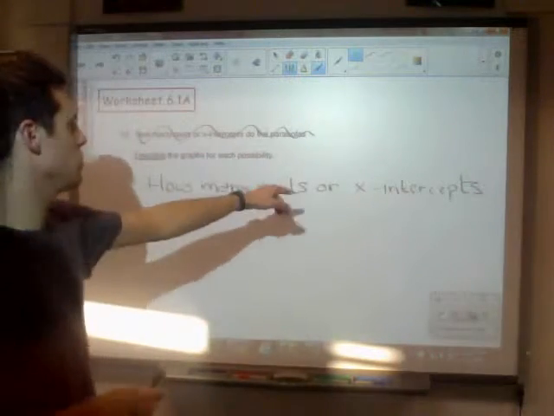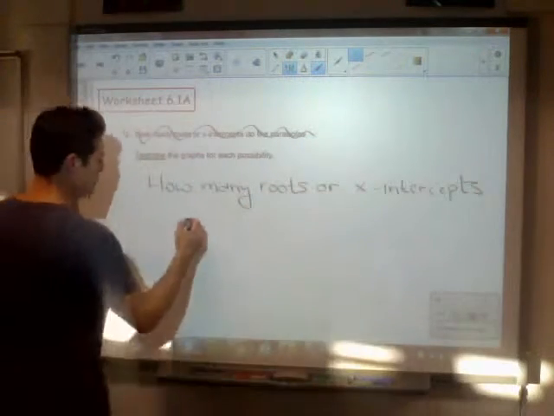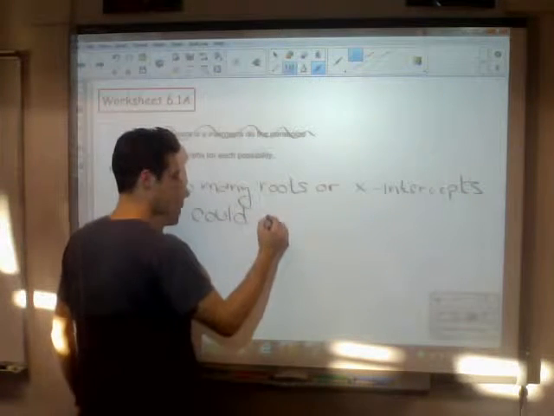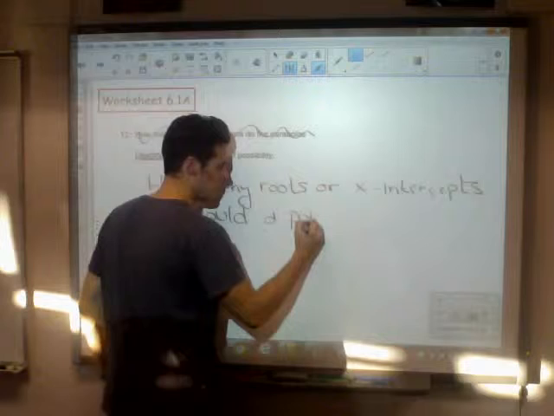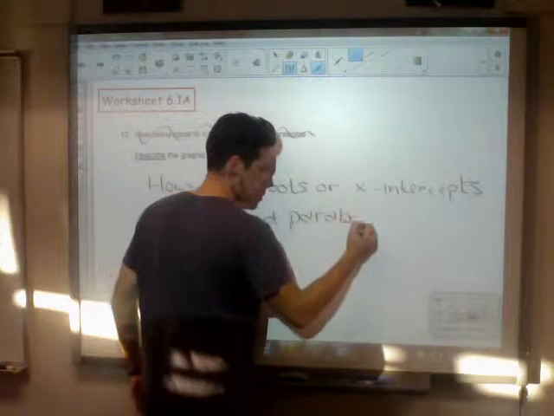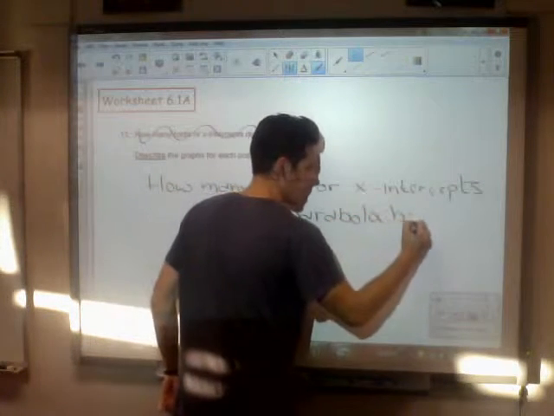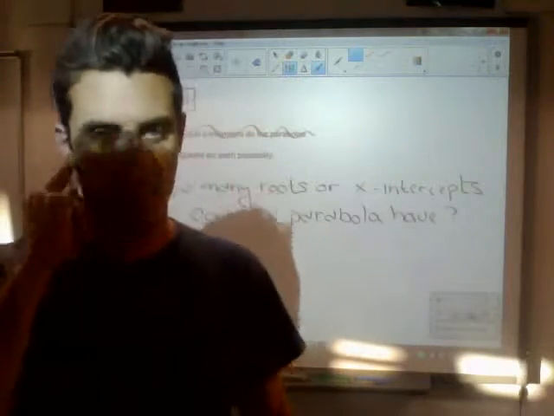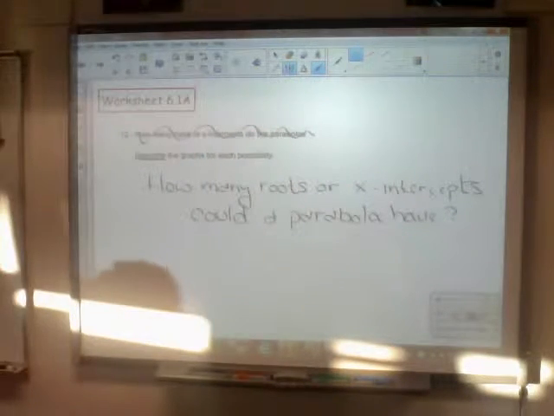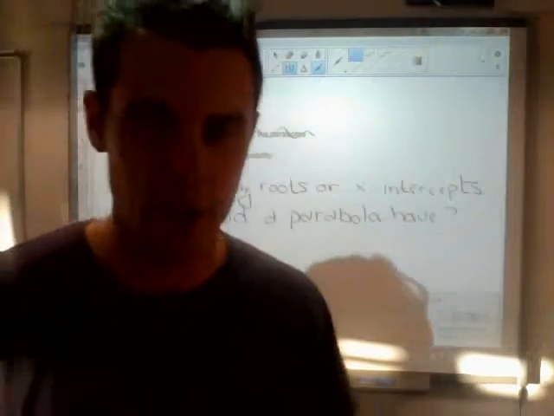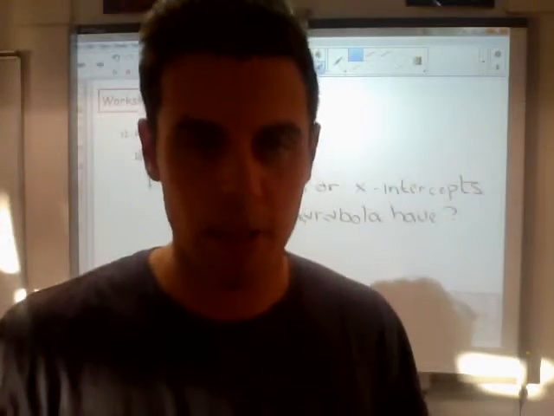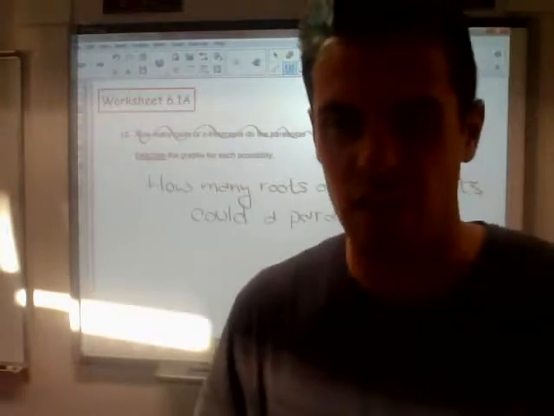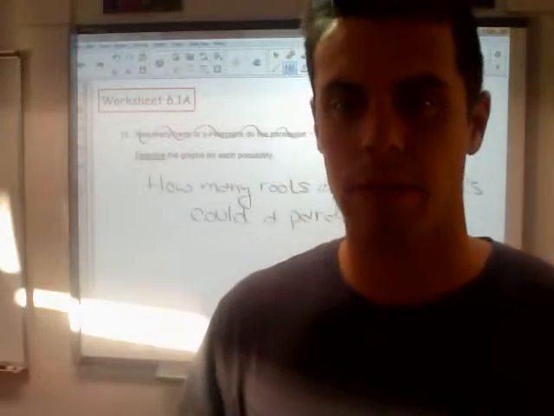So how many roots or x-intercepts could a parabola have? And describe the graphs for each possibility. Draw some pictures. Describe what they look like. Maybe make up some functions. That would be cool too.